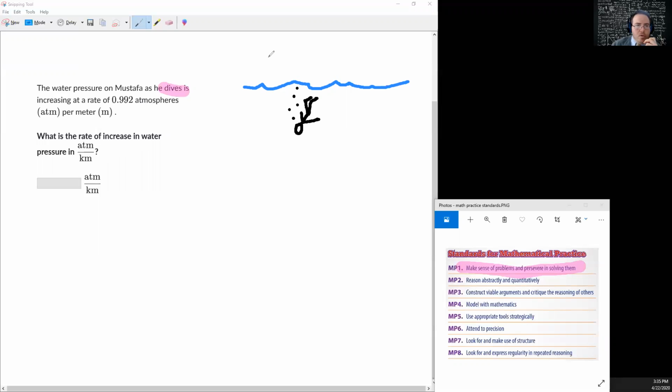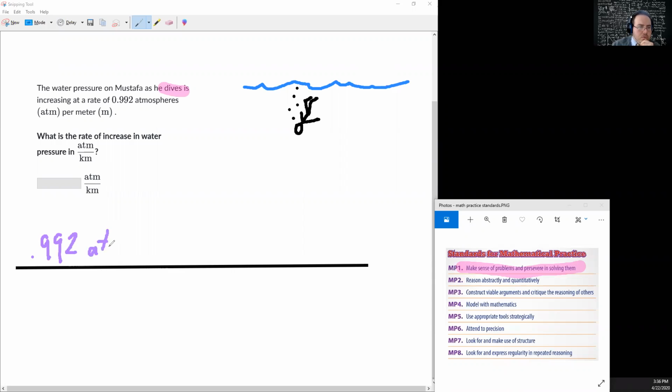Okay, let's write down what we know. Let's draw a line and write down what we know. Okay, so we know 0.992 atmospheres.